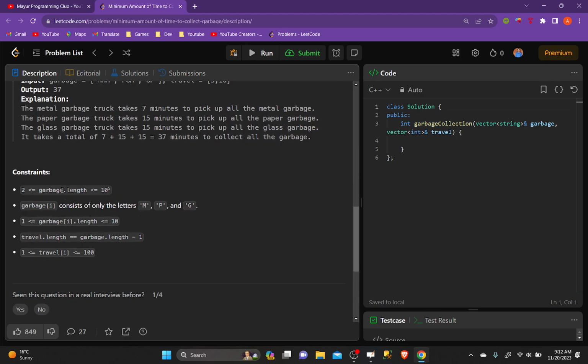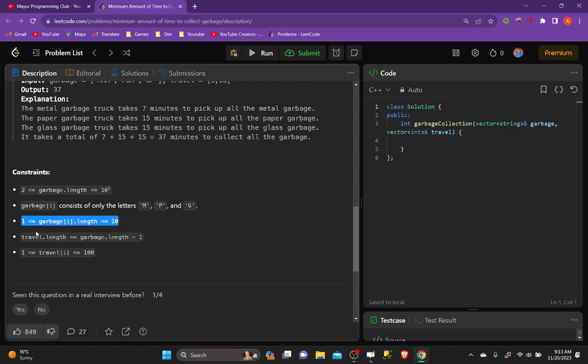So the length of the garbage array that will be given to you will be of order 10 raised to power 5, and each entry in the garbage array will consist of only M, P, and G letters, and the length of the string representing the assortment of garbage in each house will be of maximum size 10.